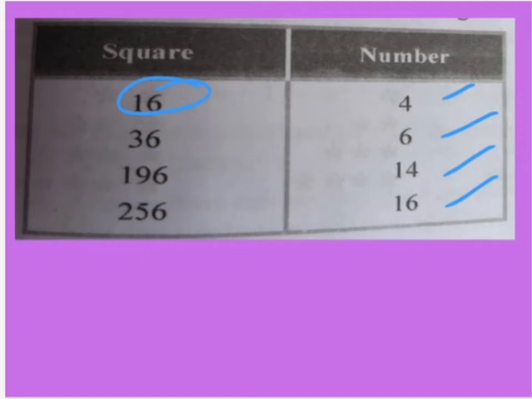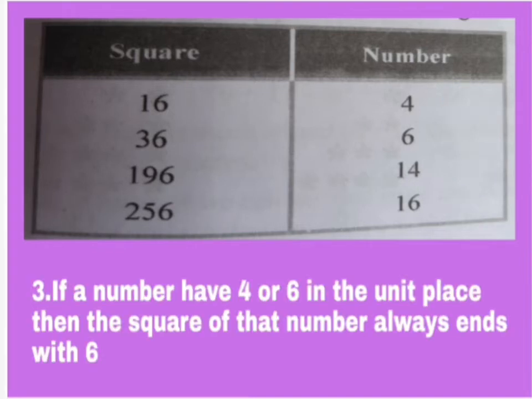So what can we observe from this? We can say that if a number has 4 or 6 in the unit place, after squaring that number you will always get 6 in the unit place of the square.